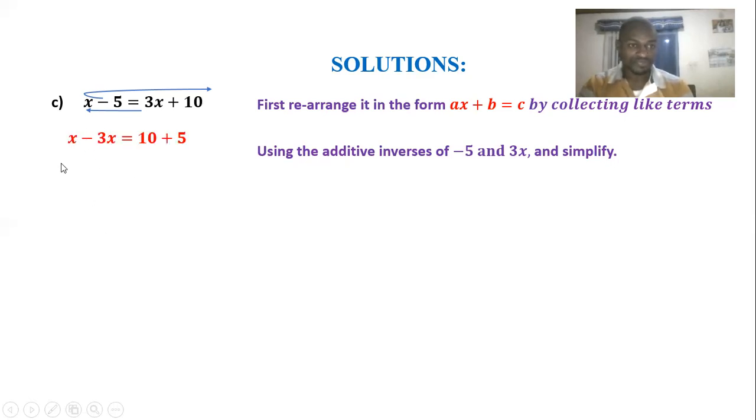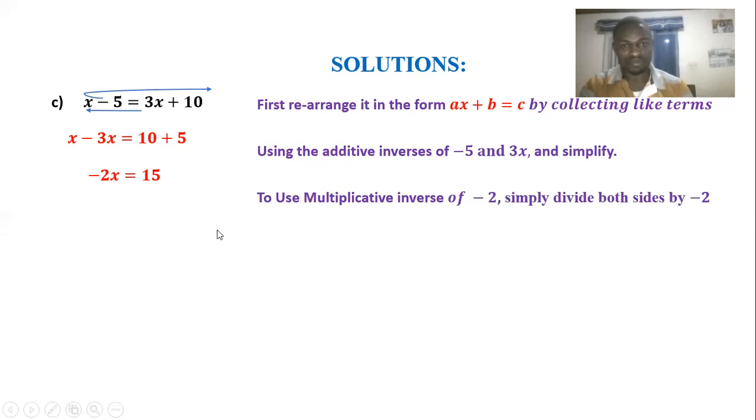Okay. When that is done, we have x minus 3x equals 10 plus 5. And simplifying gives us negative 2x equals 15. Again, at this level, we need to do away with the coefficient of x. And how is that done? We said that for whole number coefficient, simply divide both sides by the coefficient of x.